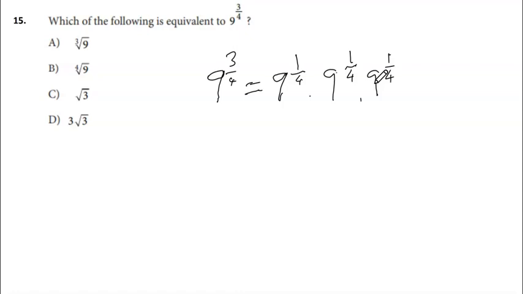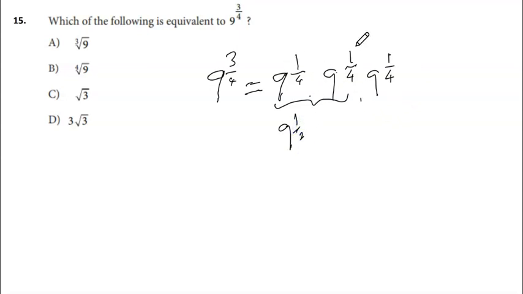Why am I doing this? Because I know 9 is a perfect square, and I see the 4 here. If I can do something to get a square root of 9, that will help me a lot. So right away, from the first two, I can see that I have what? 9 raised to the power half, right?